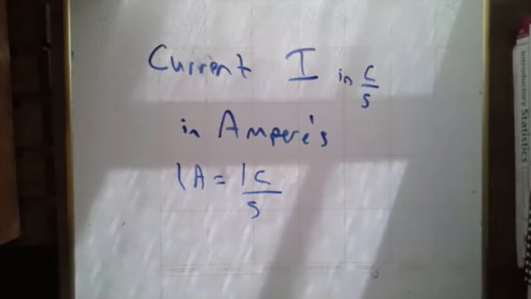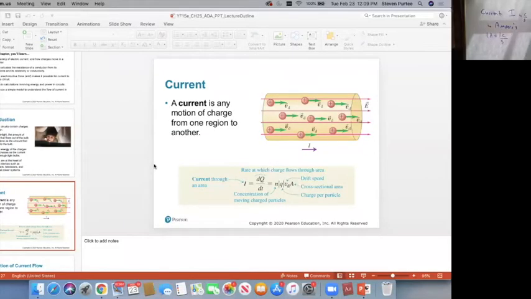Now, we know nowadays that it's negative charges that move around. Electrons are the ones that move. But back in the day, they didn't know that. Michael Faraday knew there were two different kinds of charges. Ben Franklin knew there were two different kinds of charges, and they arbitrarily called one kind positive and one kind negative.